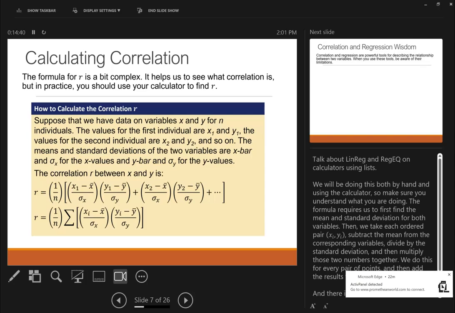All right. Here's the calculation for R. 1 over n.